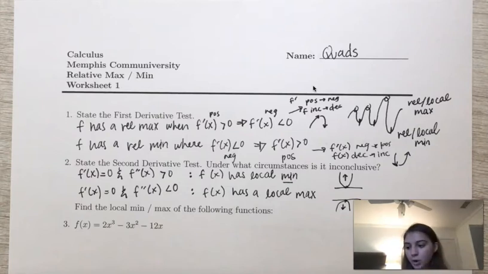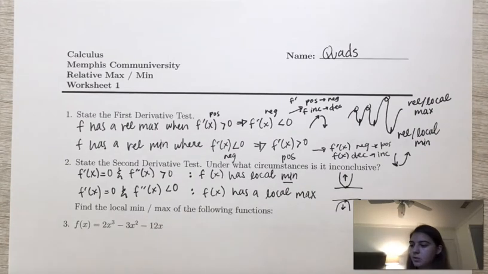I'm going to talk about it more when we get down there, but you're just finding the zeros and plugging them into the second derivative to see if it's negative or positive. For the first derivative test, you're going to be taking the derivative and then drawing a sign chart for the first derivative, but you do not draw a sign chart for the second derivative. That will be more clear when we actually get there.